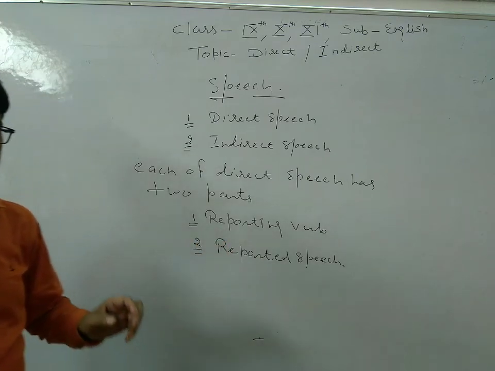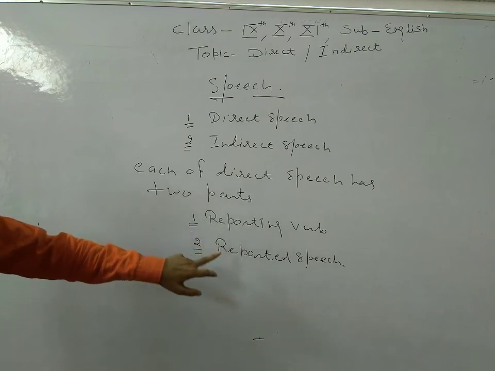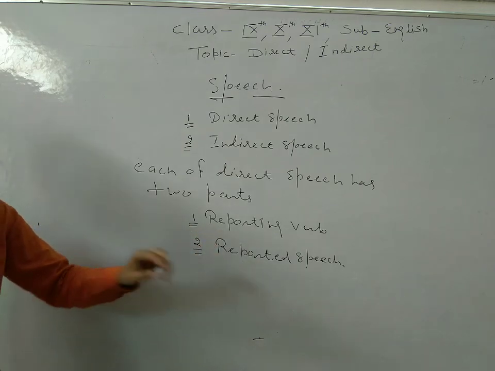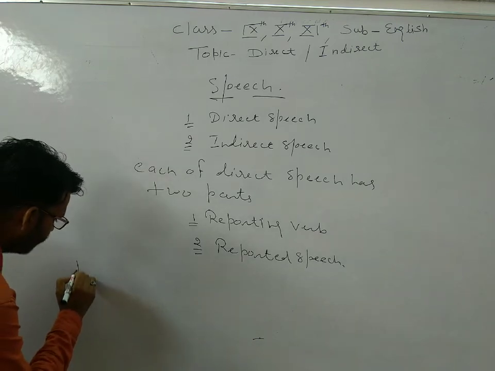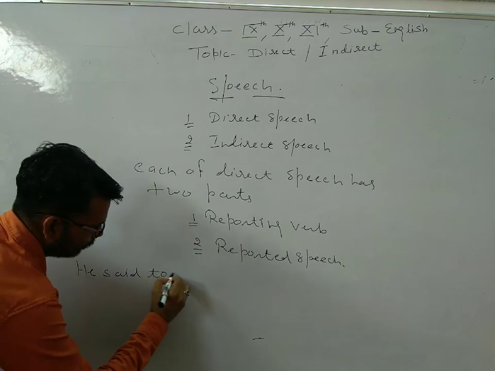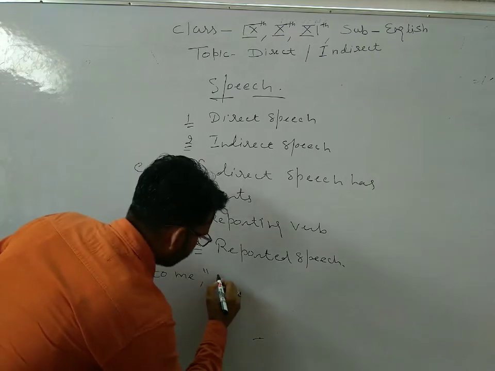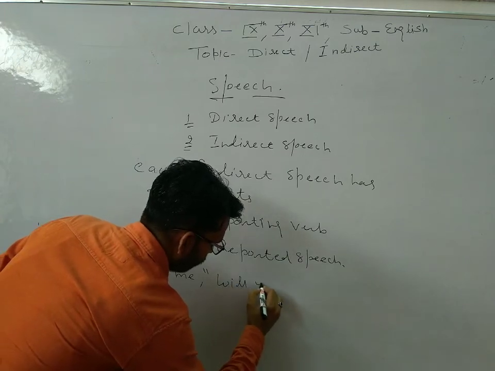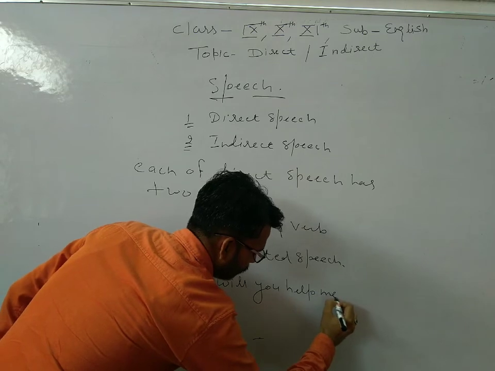Before going further, we will try to know what the reporting verb is and what the reported speech is through an example. So the example is: He said to me, "Will you help me?"